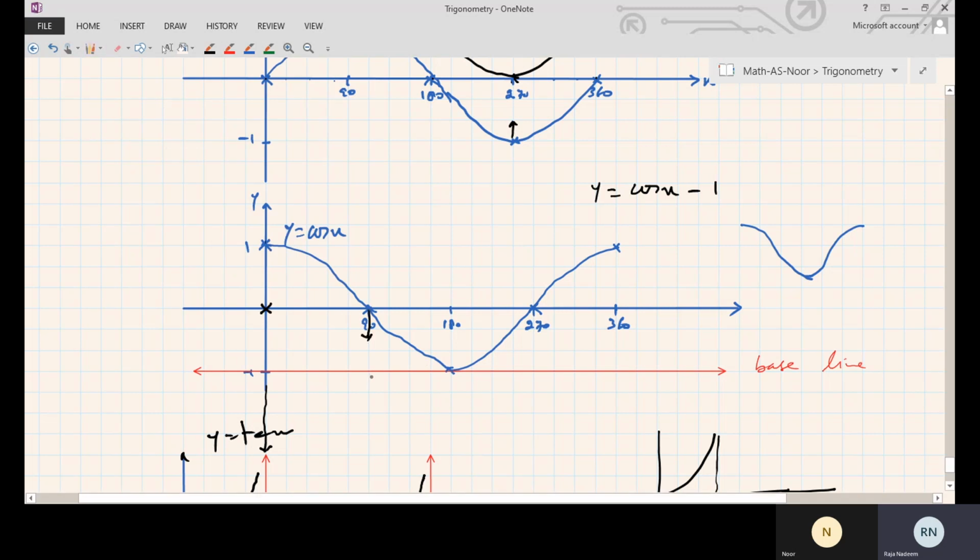When you sketch the graph, you get y equals cos of x minus 1. Whenever you draw the graph, do label it with the equation.